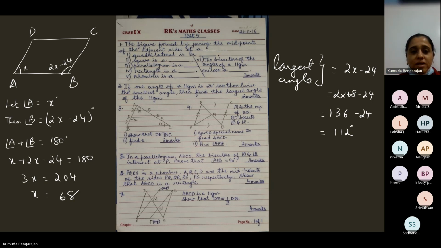In a parallelogram and rhombus, 2 different angles. Rectangle and square, all the corners are right angles.